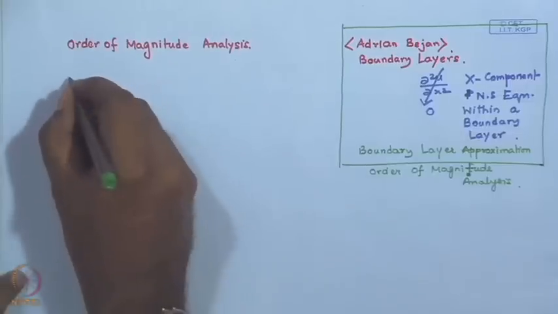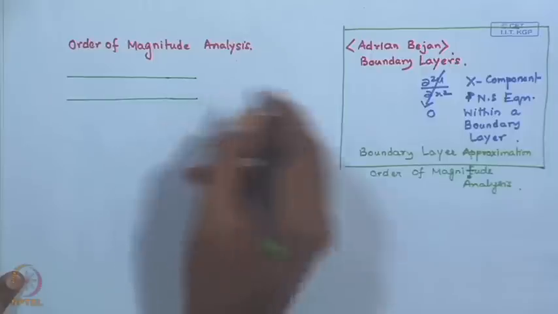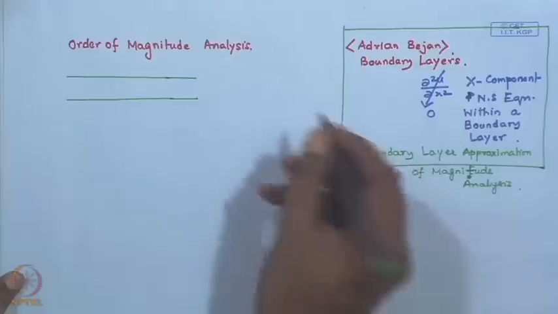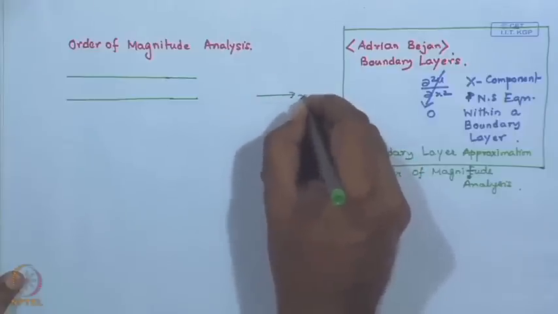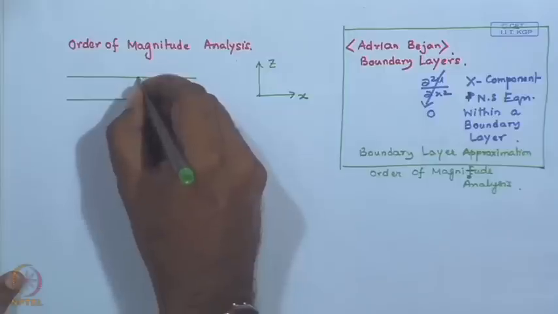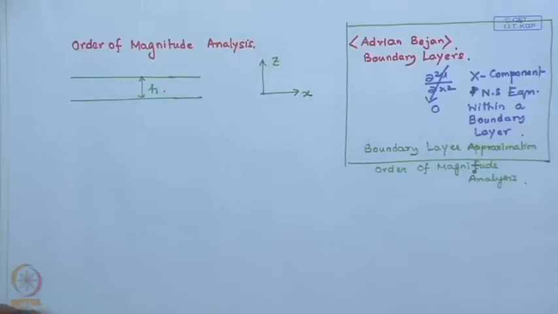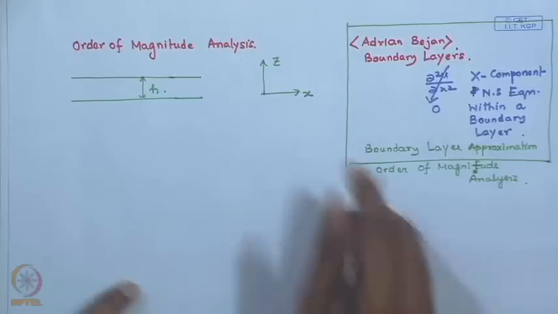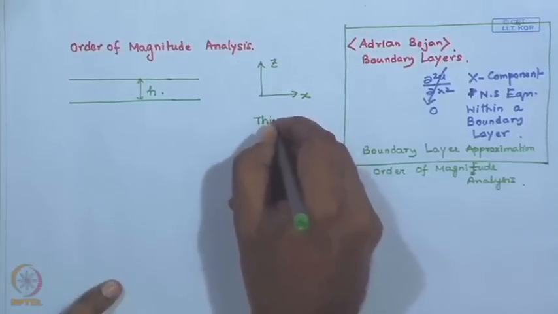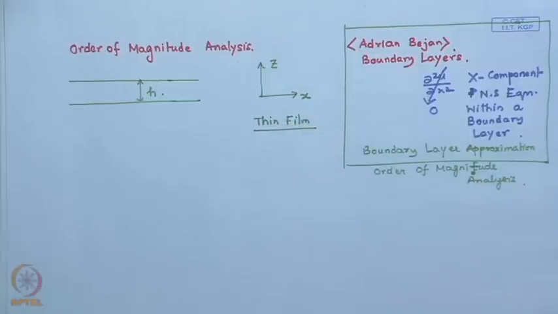Let me give you some simple concepts. We have a film like this, and this is the coordinate system we have chosen, x and z. We have identified that the film thickness is h. Of course, the film can be very thin, because we are talking about a thin film where the interfacial interaction is active.